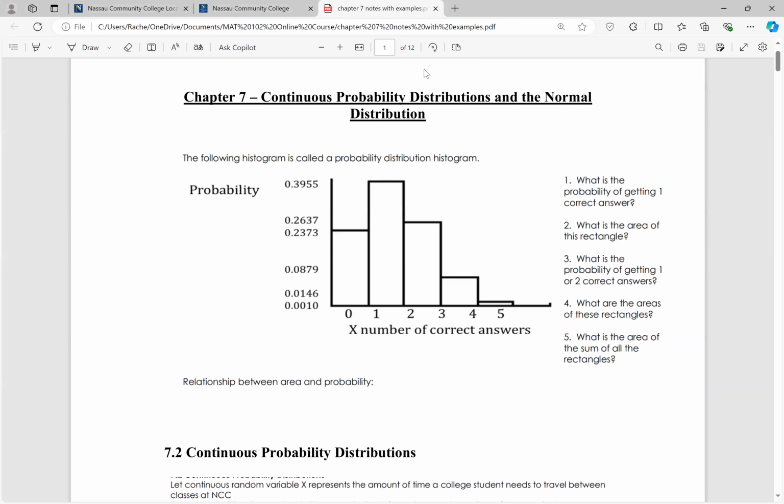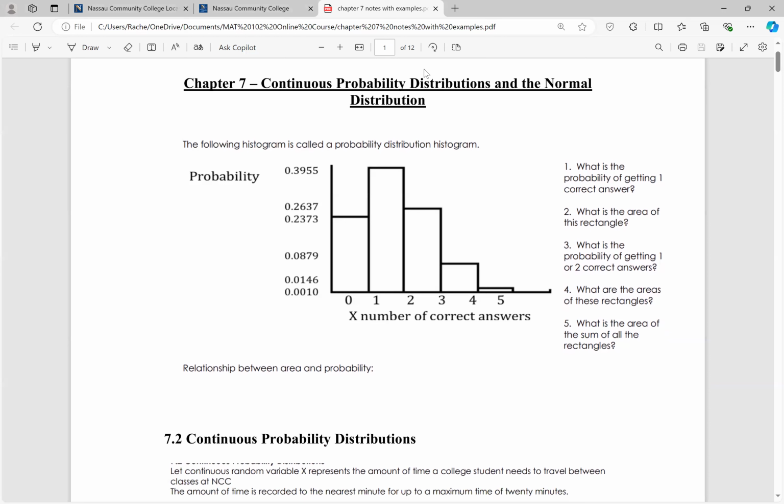So in chapter 6, we learned all about discrete probability distributions. So we were working with discrete random variables, right? Random variables that had a countable number of values. And one of the things that we were able to create was a discrete probability distribution histogram. So I have a probability histogram right here, and X represents the number of correct answers.